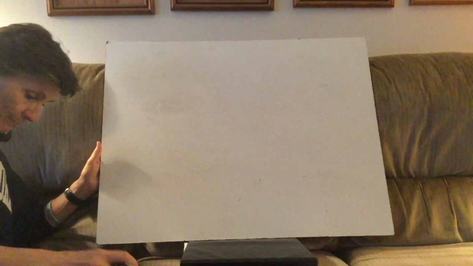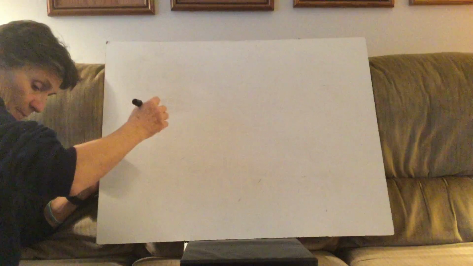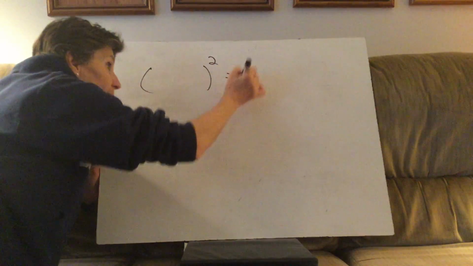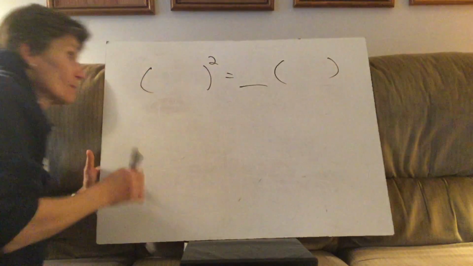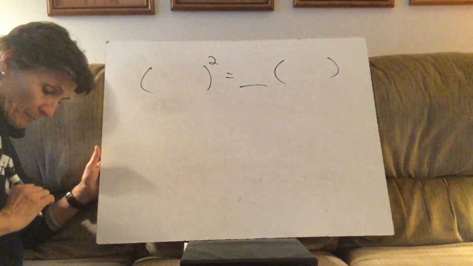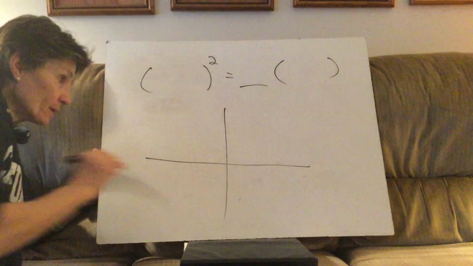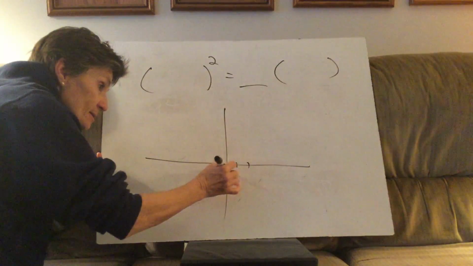Now, H. Again, it's a parabola, so it's going to have an equation that looks like this, only one squared thing. This time, we know the focus is (2, -6).